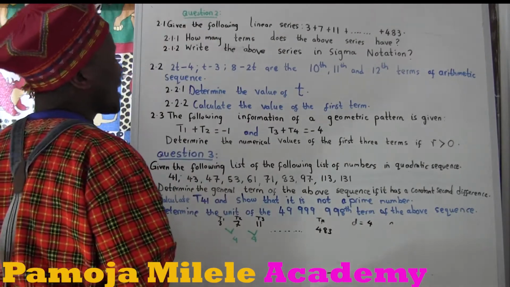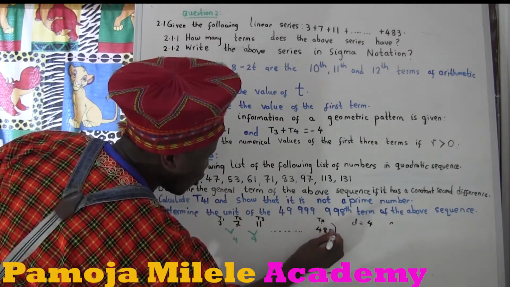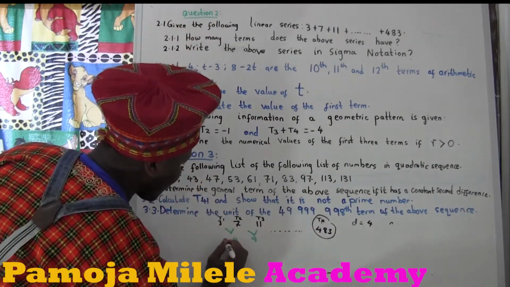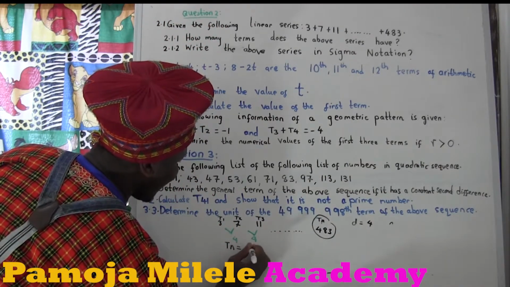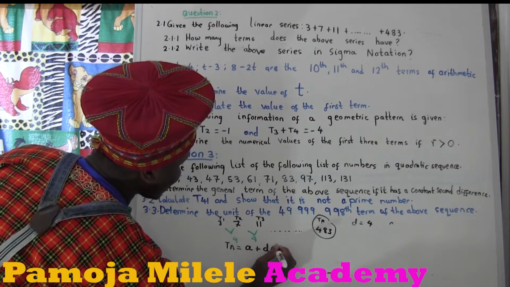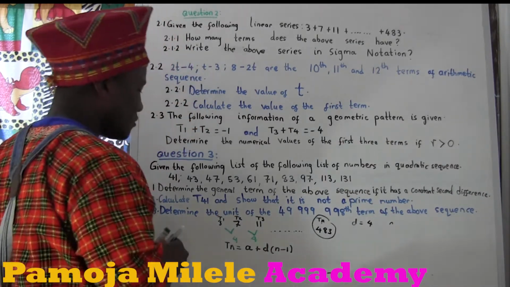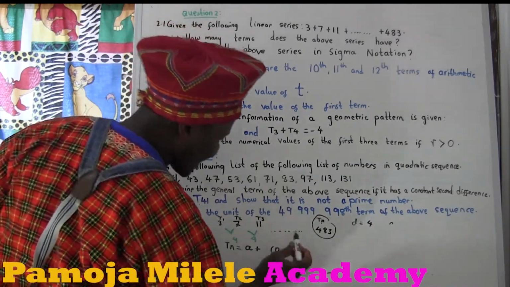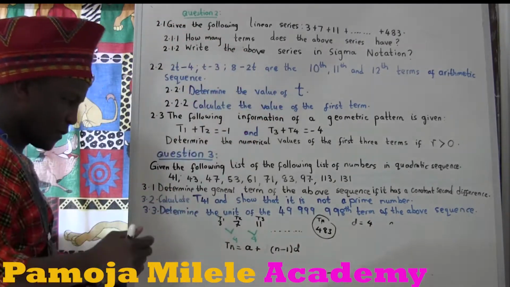Now I want to get n, so I'm going to apply my formula for arithmetic: Tn equals a plus n minus 1 times the common difference. Or you can put the common difference after; some books or some people write it either way.